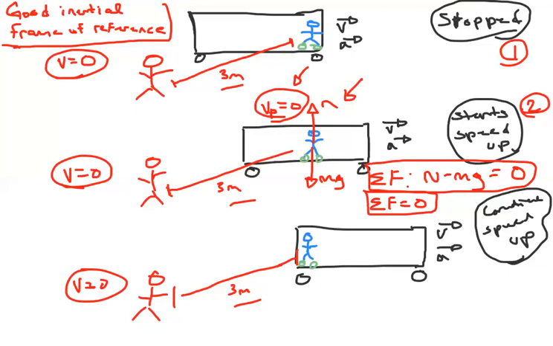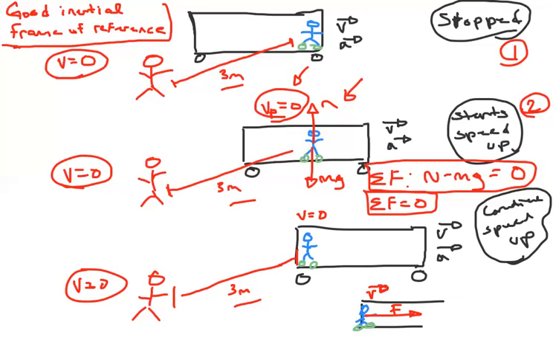In this case, no matter where this person is as the bus moves to the right, their velocity remains 0. The only time that they start to move with the bus is when the back of the bus, like in the very next situation, touches them and the bus pulls them along. Now the bus is applying a force to that person because they're touching the back end of it. So the person starts to move with the bus and has some velocity to the right.